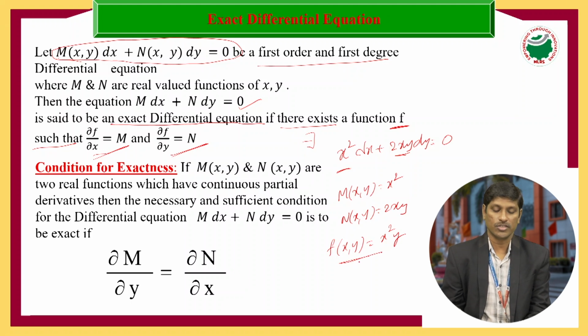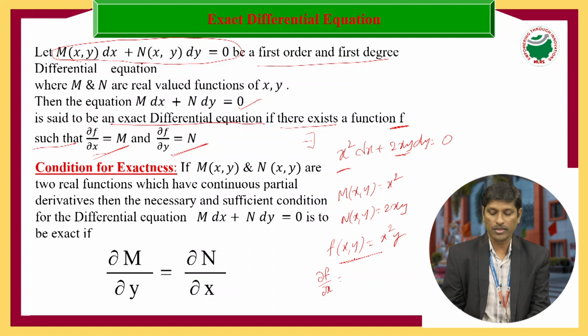For this function, what conditions have to be satisfied? First, we apply the partial derivative of f with respect to x. What's the difference between an ordinary derivative and a partial derivative? Here, with respect to whichever variable you are differentiating, only that is the variable, and the rest we should treat as constants. So x is the only variable and the remaining are treated as constants.